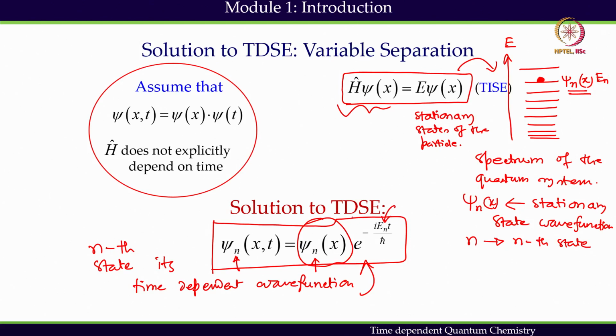But if we look at this time dependent part, it looks like a complex number denoted by e to the power i theta. A complex number can have different notations.